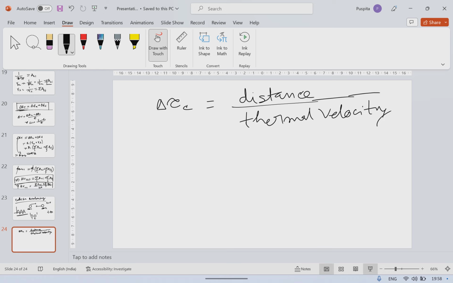So the collision time here is very small compared to the time between collisions, and hence the collision can be taken as almost instantaneous, and the timing is random. Because of collision, sometimes the phase changes.